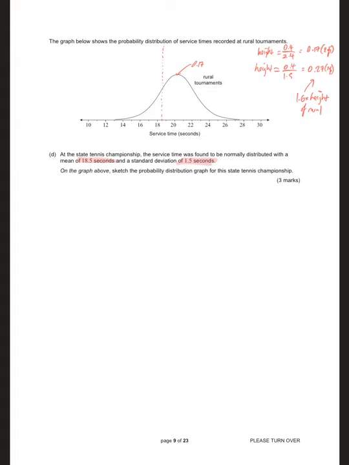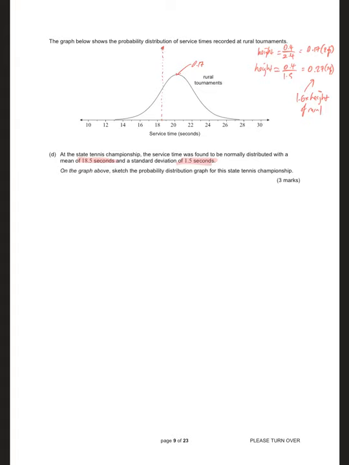So if I could deploy a ruler or something on my screen, I would, but I can't. 1.6, so it's going to be like an extra half, slightly more than a half of the existing one, so I'm going to put the peak up there.